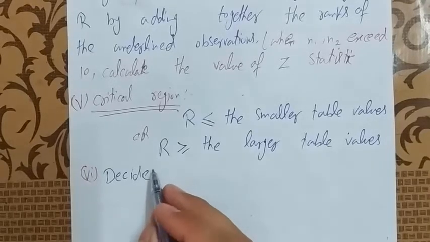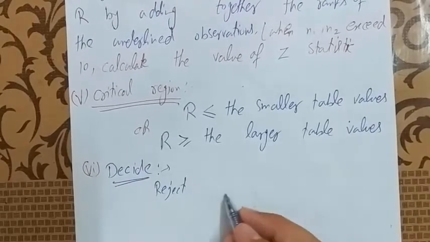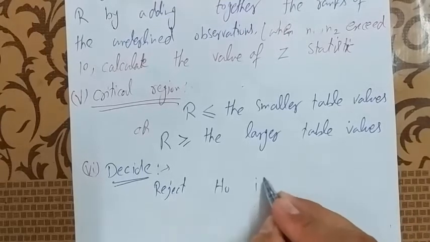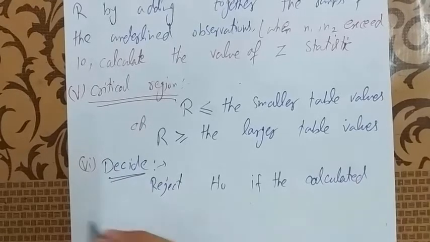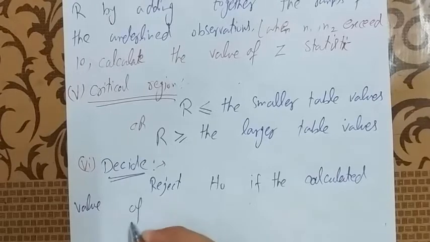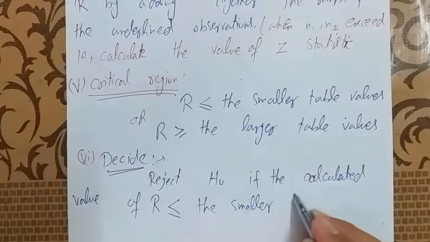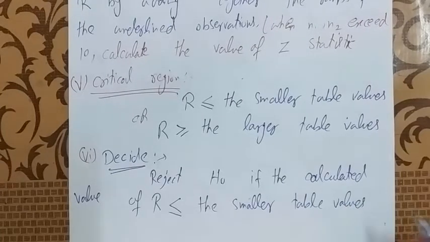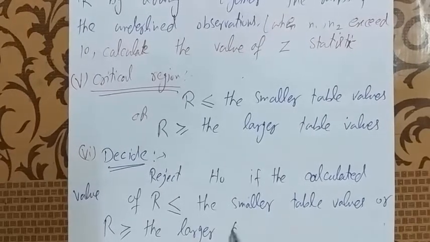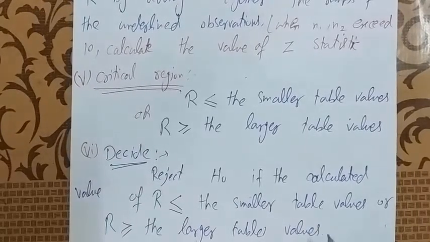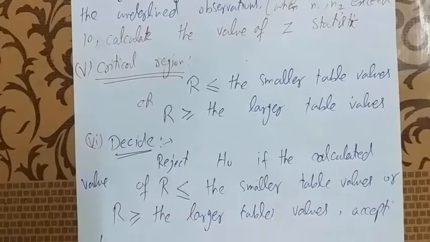Reject H naught if the calculated value of capital R is less than or equal to the smaller table value, or capital R is greater or equal to the larger table value, and otherwise accept H naught.